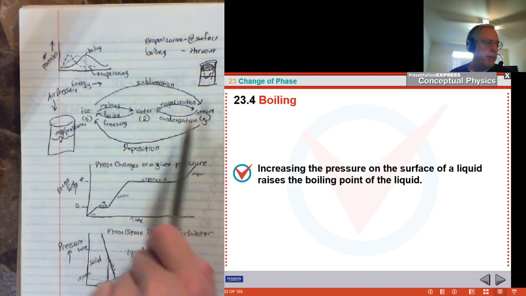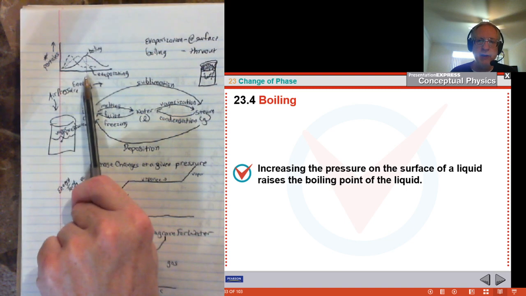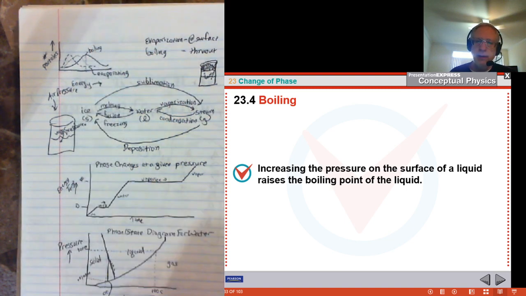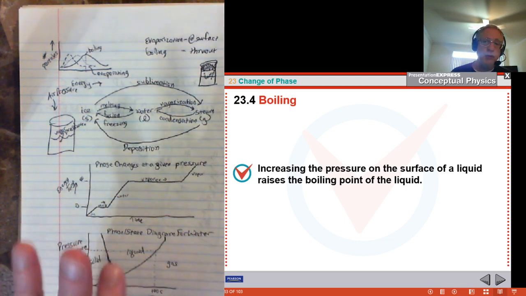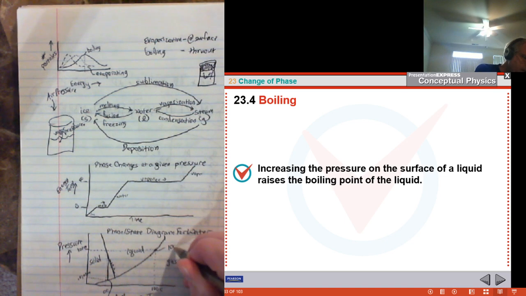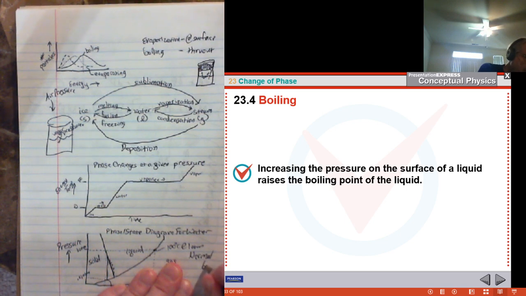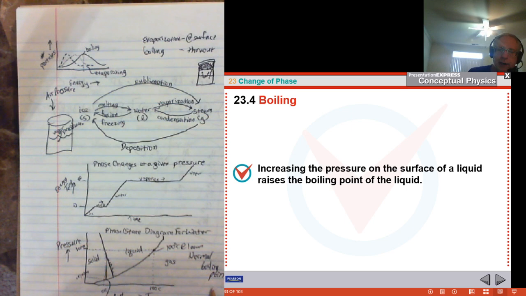Evaporation occurs when the particles that have enough energy escape, and that can happen below the boiling point. Now there are two different things to think about. Right here, 100 degrees Celsius at 1 atmosphere of pressure, this is what we call the normal boiling point of water.